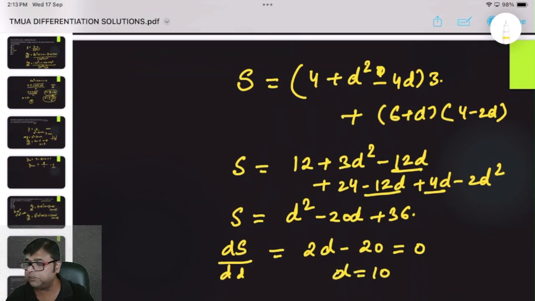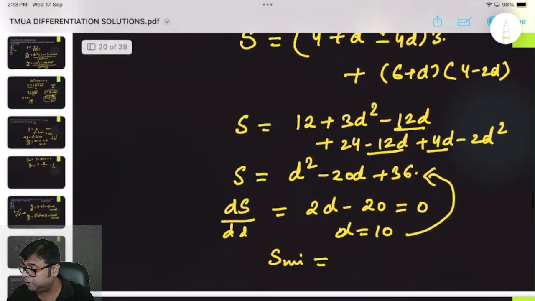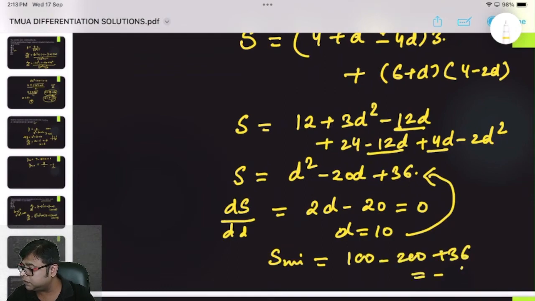Again, it will be minimum because the second derivative will be 2. So at 10, this will give me the minimum value. So I'll put 10 here. So the minimum slope will be, on putting 10, 100 minus 200 plus 36, which is minus 64. So minus 64 is the correct answer.